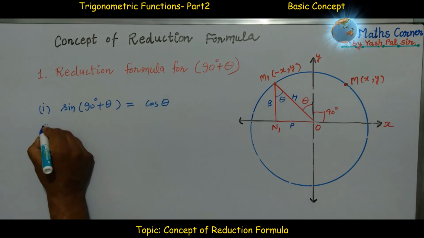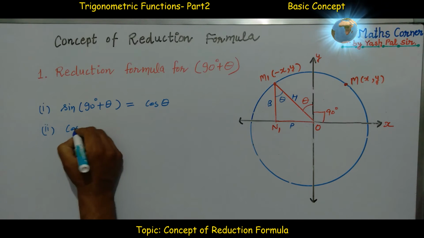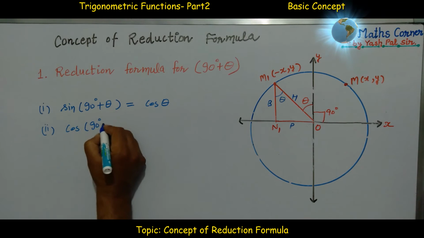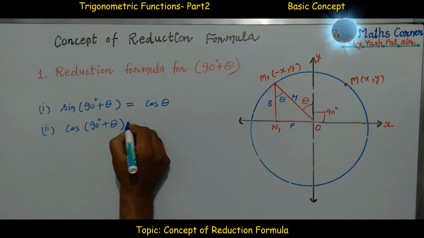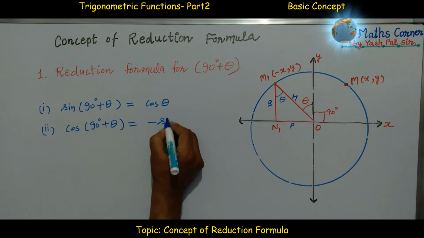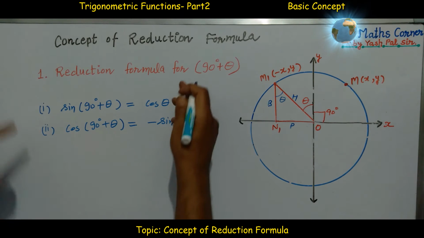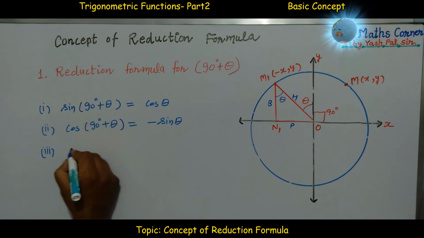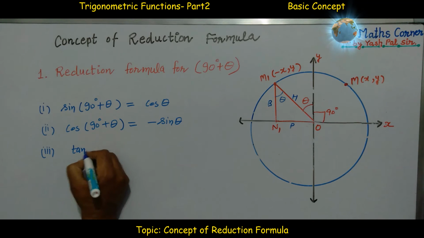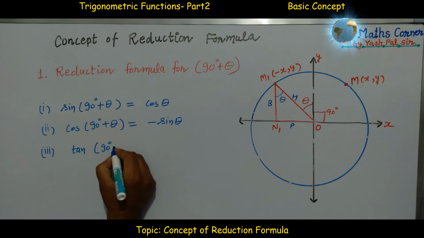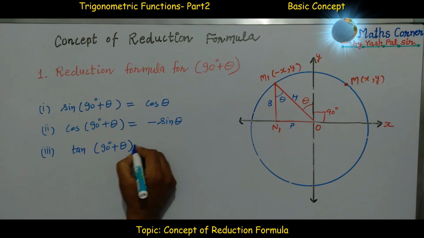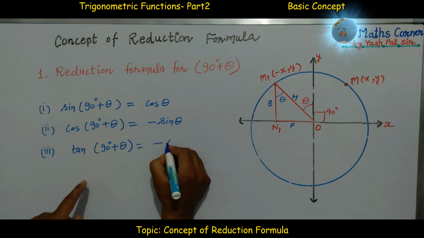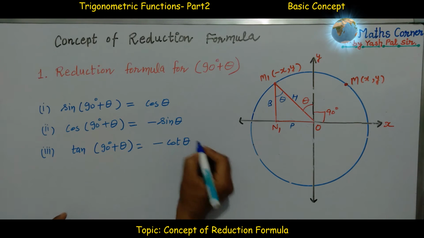Second, cos 90 degree plus theta value is minus sine theta. Similarly, other t ratios: tangent 90 degree plus theta is equal to minus cotangent theta.